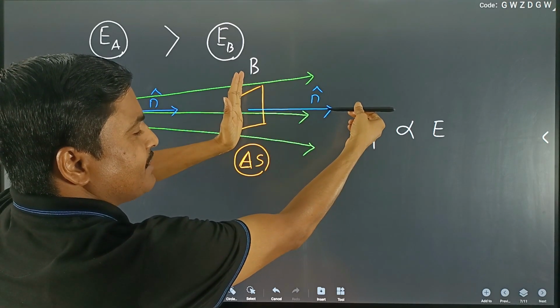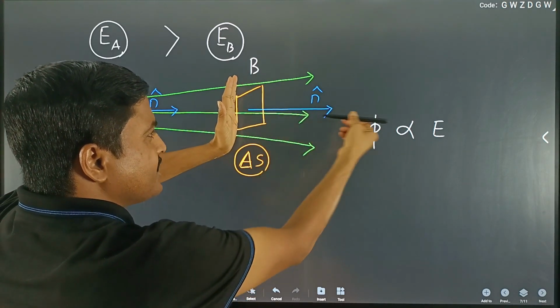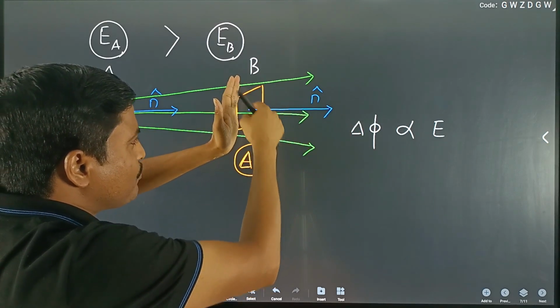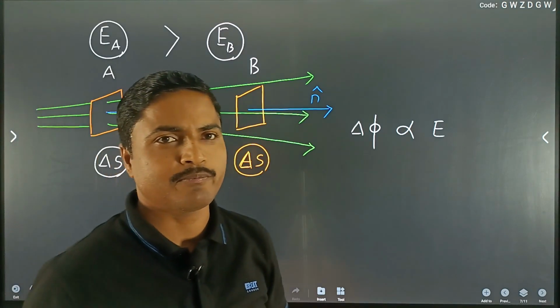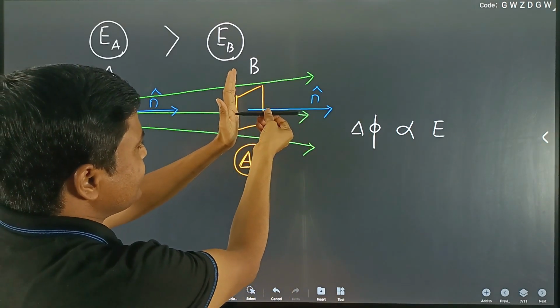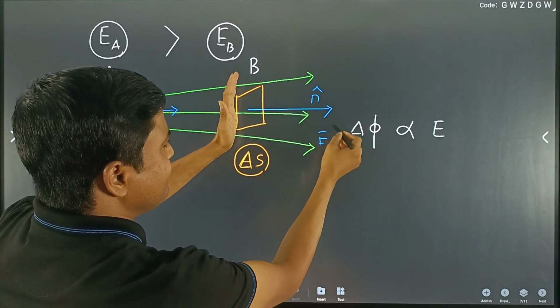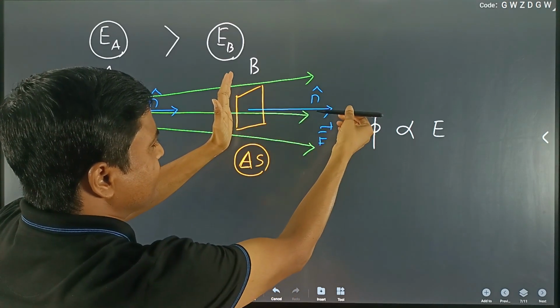This is the direction of electric field lines, and this is also the direction of the area vector, because the area vector is normal or perpendicular to the surface area. That means this is n cap, this is n cap, and this is also the E vector. This is also the direction of the E vector.